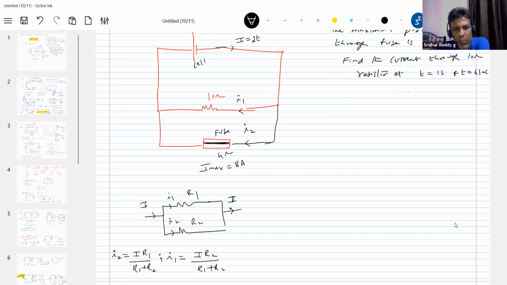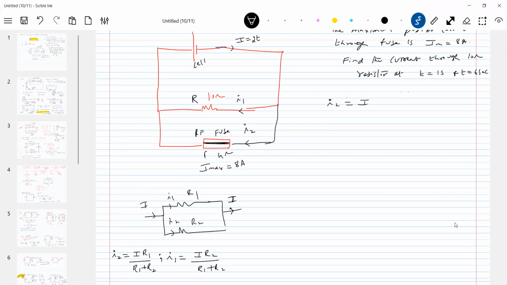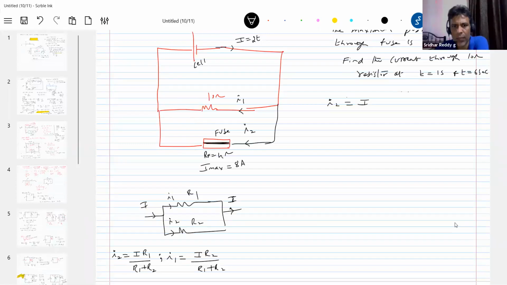At what time will the fuse burn out? Shall we work it out here? So I2 is equal to I into, call the resistance R1, and RF is the resistance of the fuse, which is 4 ohm. So I2 you can write as I into R1 by R1 plus RF, and this should be equal to 2t.